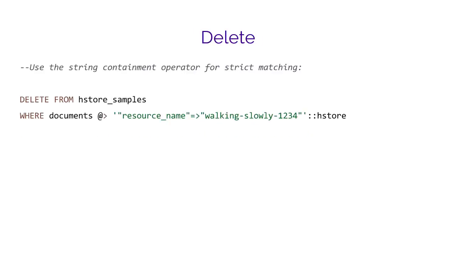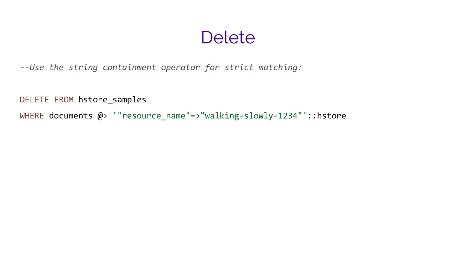Oh, no. One more quick thing. We return to the containment operator here. If we wanted to delete an entire record from our Hstore table, we can do that with our containment operator to ensure that this substring is contained within the Hstore that we'd like to target for deletion.